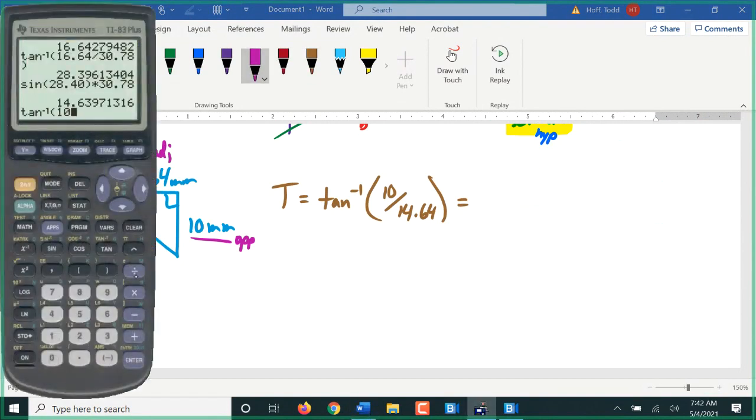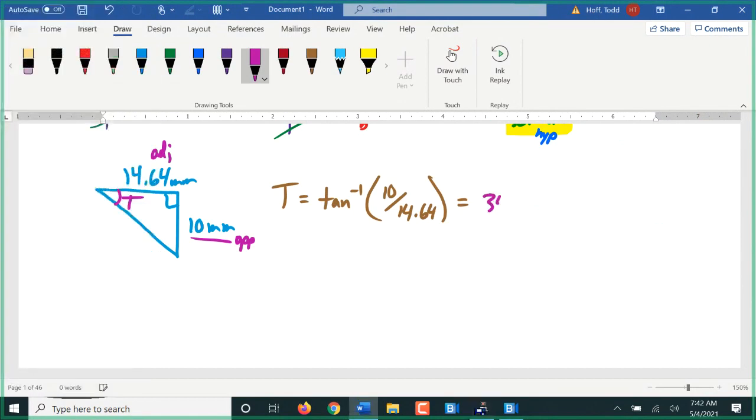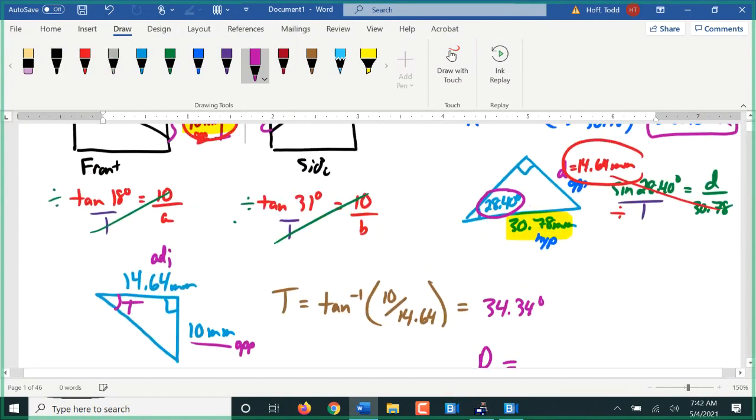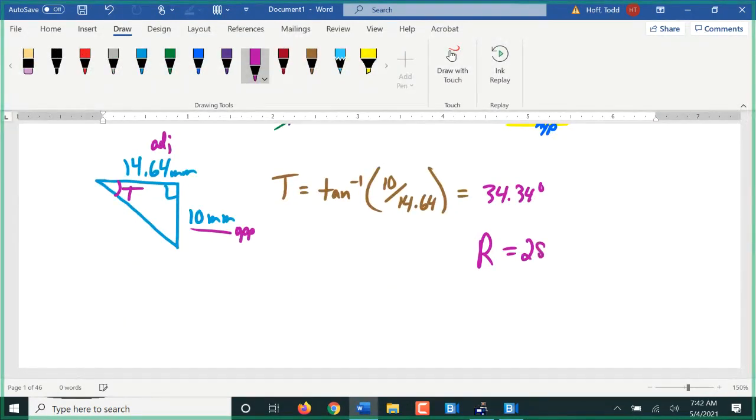Second tangent, 10 divided by 14.64. We get 34.34. So our rotation here we're going to rotate that part 28.40 degrees. And then we're going to tilt the table or use a tilt vise, a tilt jig of some sort, to 34.34 degrees.